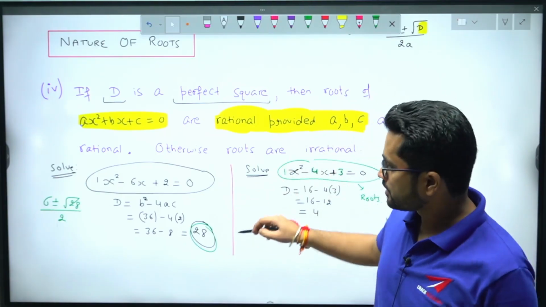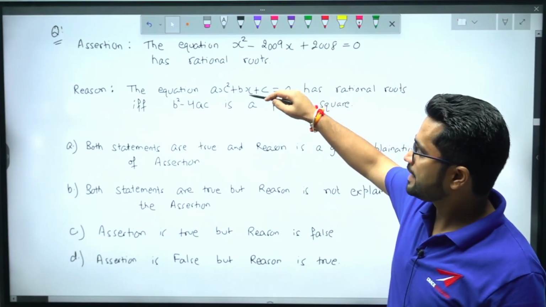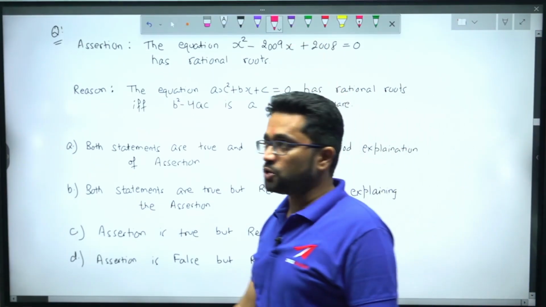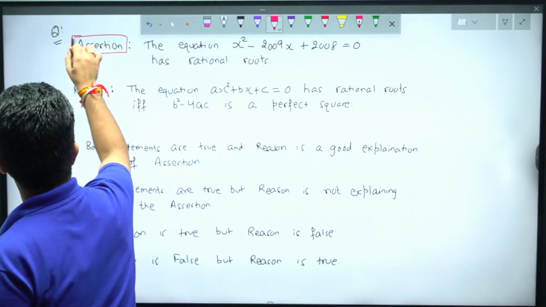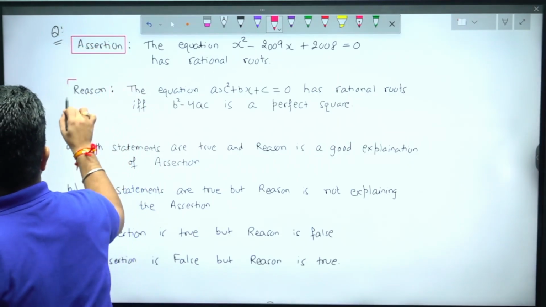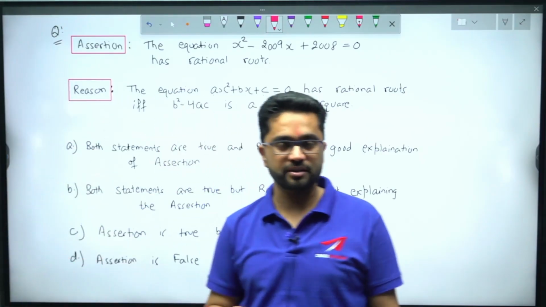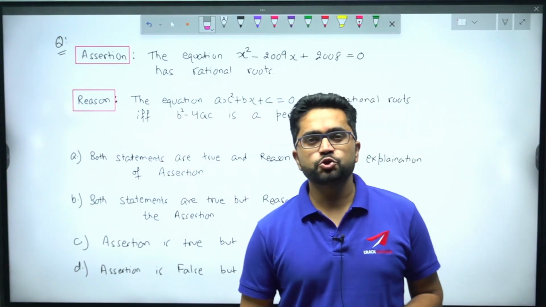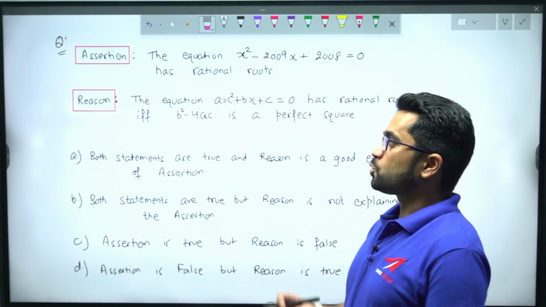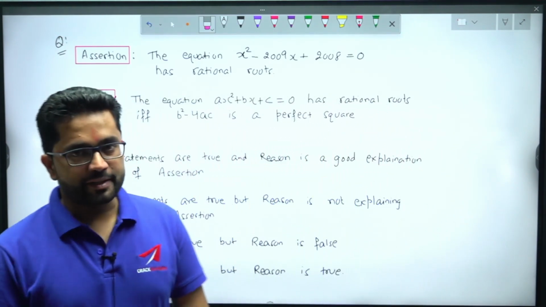Let's have a very good question. Observe the variety of the question. The question has two statements. One is known as assertion, the next is known as the reason. In JEE Mains and JEE Advanced, they used to ask questions based on this type, the assertion and reasoning statement.